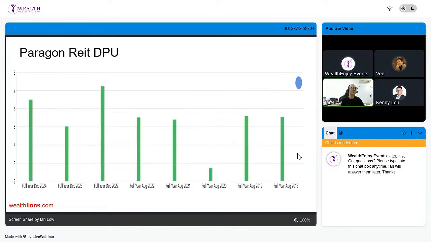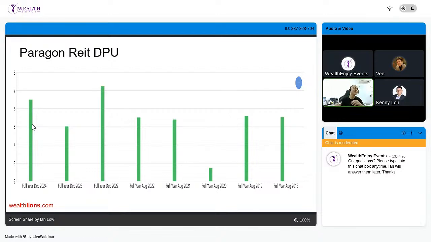Paragon, is it good or no good? Not bad. Quite stable and I think going a bit up. It's rising. Interest rates started to rise in 2022, and yet they declared higher earnings this year at the higher interest rate compared to last year.